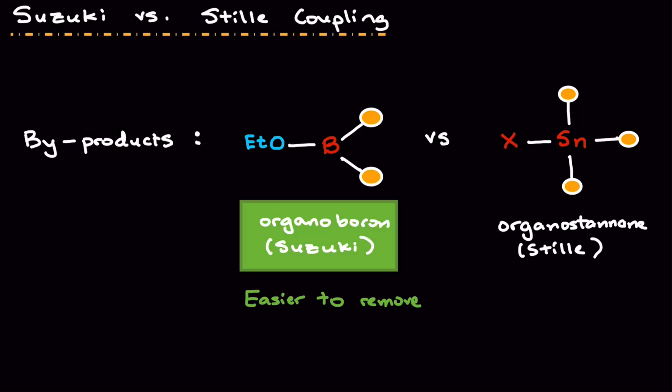From a synthetic point of view, the Suzuki coupling also, once again, gives us a little bit of an advantage here because it is easier to remove the boronate from the flask and separate it from the product you want than to remove the stannate species. Okay, and so that provides another additional advantage to using Suzuki over your Stille in chemical synthesis.